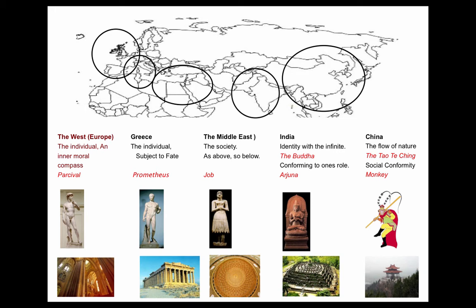And this is very rough. It looks at the traditional cultures, and it conflates together a lot of individual countries. But we see in these different parts of Eurasia different worldviews. And we can associate with the West the notion of the emergence of an individual.